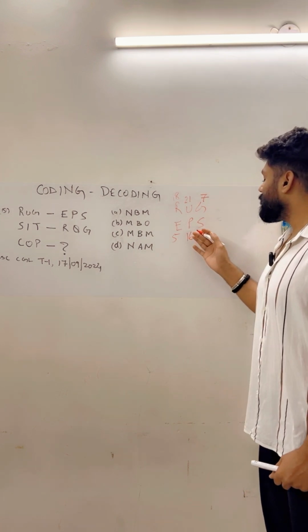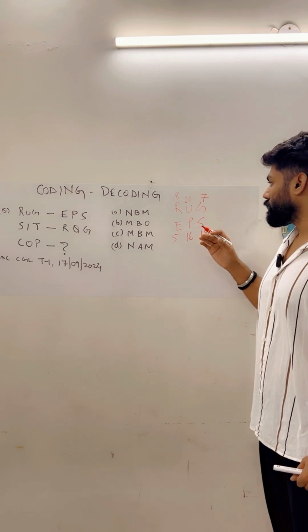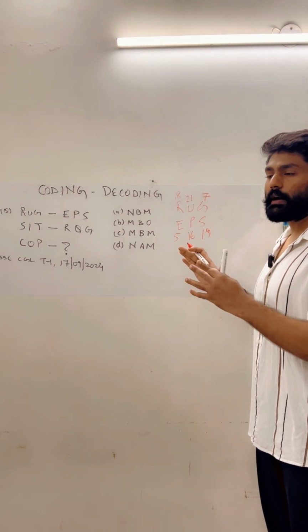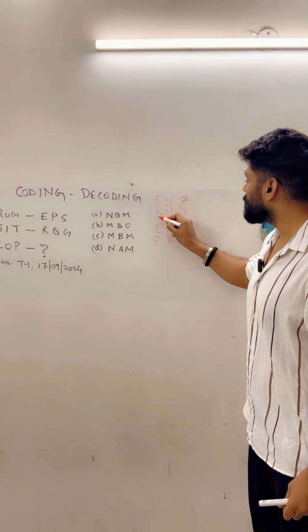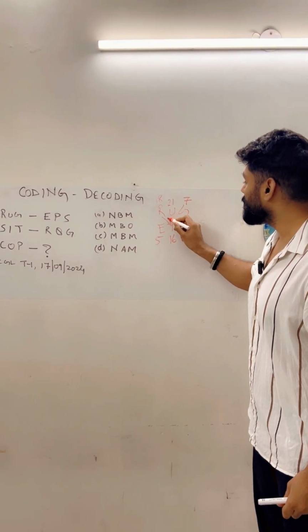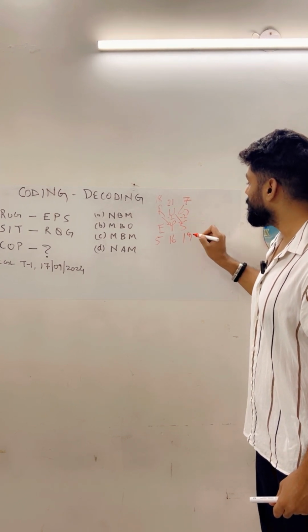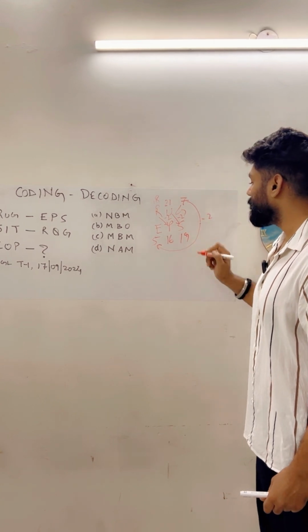So basically you can see yourself that it's subtracting 2 from each alphabet, but not in the same pattern. It's zigzag, it's crossword. Like 18 minus 2 is 16, 21 minus 2 is 19, and then 7 minus 2 is 5.